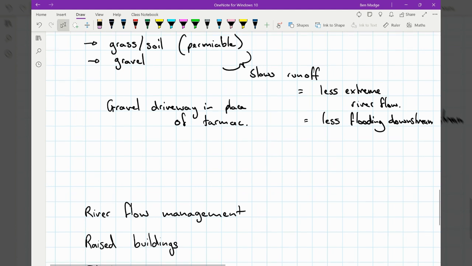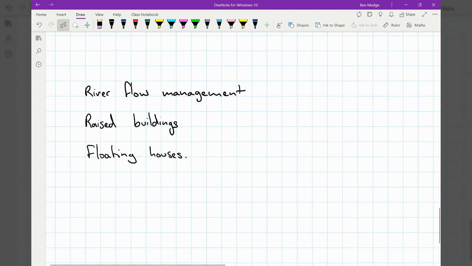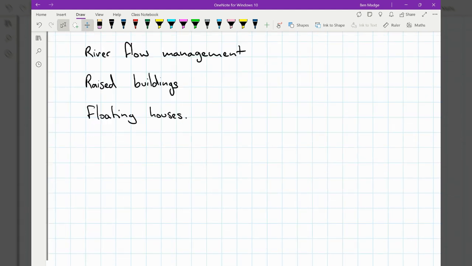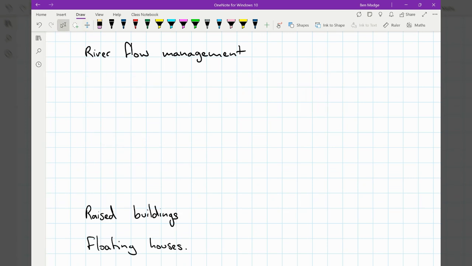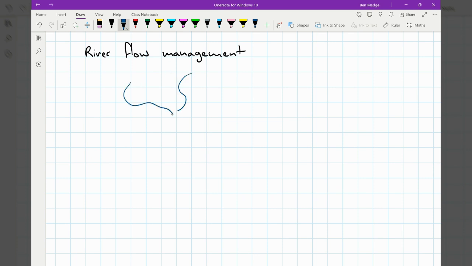The other thing we can do is river flow management. So this is where we try and keep as much water in the upper tributaries as possible. So if we have a catchment, you have small tributaries that feed into a larger river.